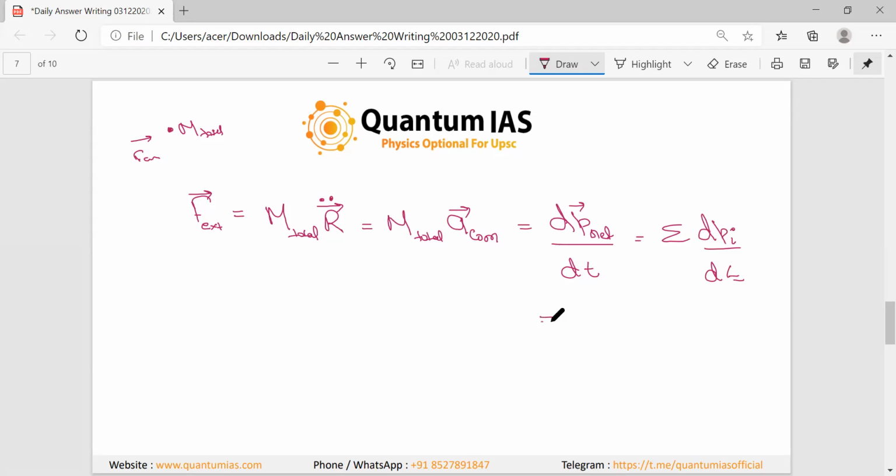The summation of dp_i upon dt can be written as summation m_i r_i double dot. Now let us compare these two things.